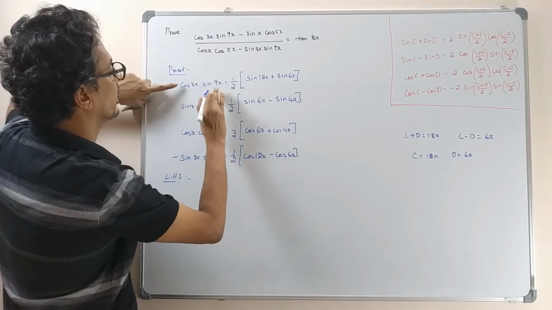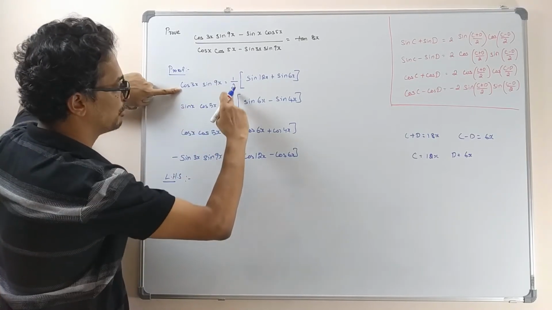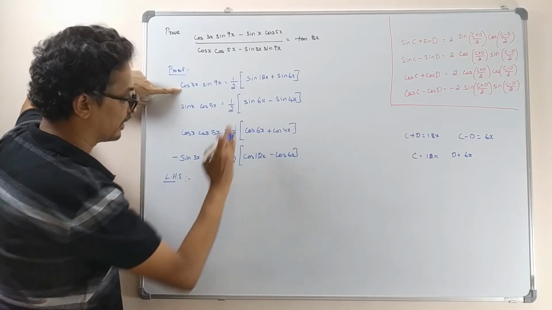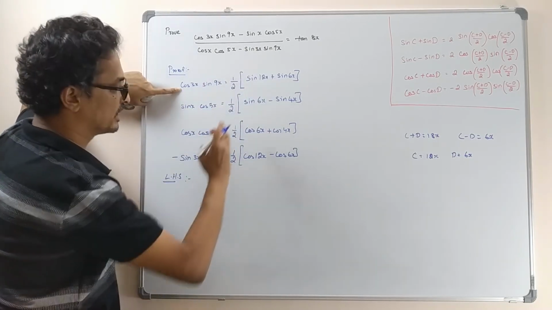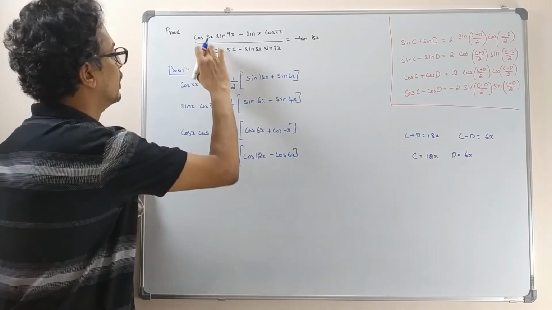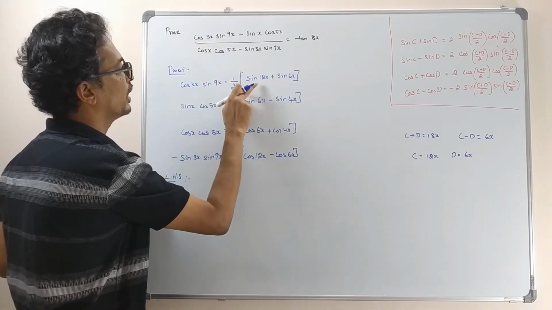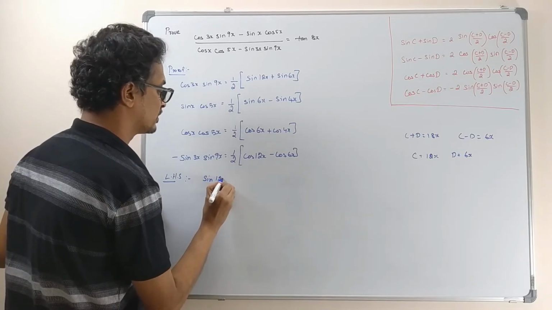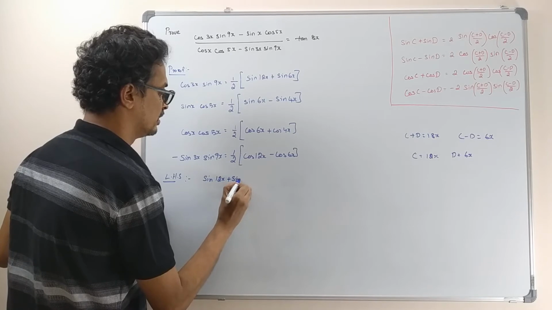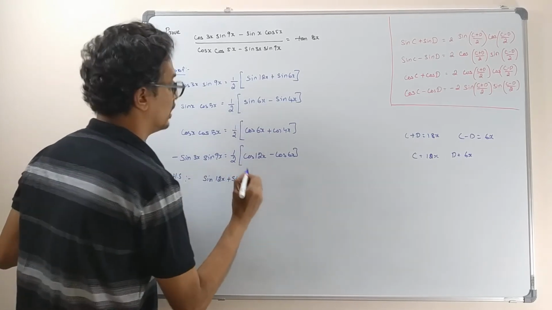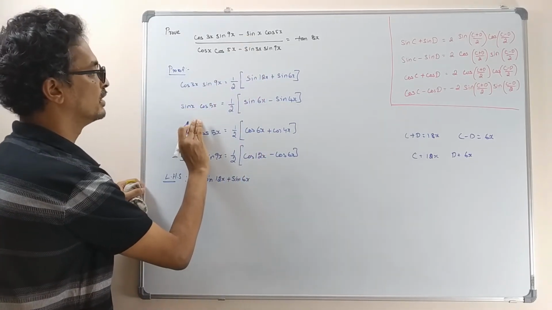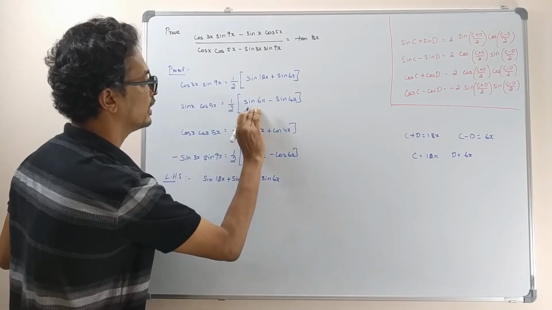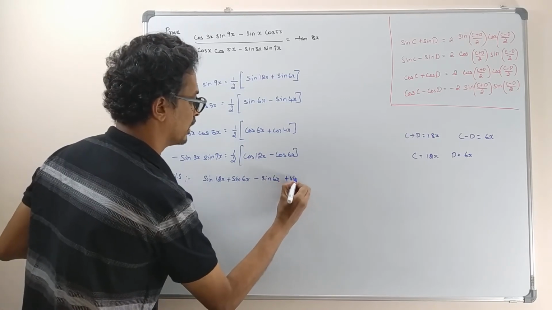Cos 3x sin 9x. That's equal to this. See, I can simply remove all the half, because all the halves in the top and bottom will get cancelled. So cos 3x sin 9x. That will be this one, right? Sin 12x plus sin 6x, and this is minus, right? So minus sin 6x, correct? Plus sin 4x.